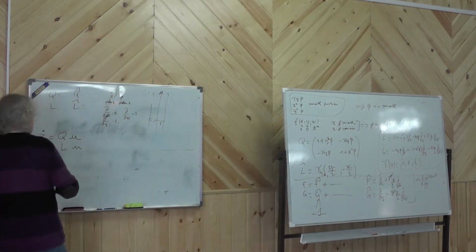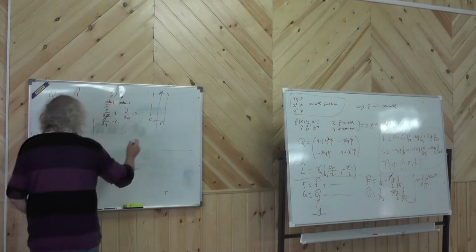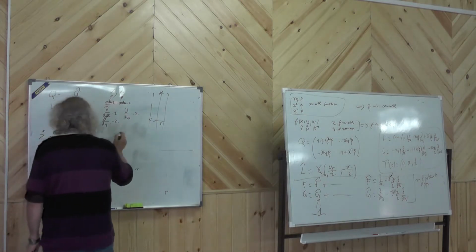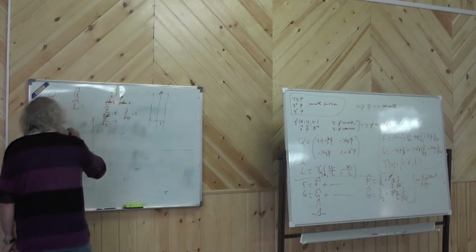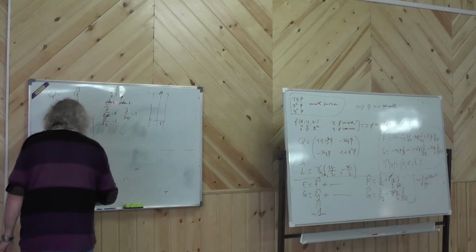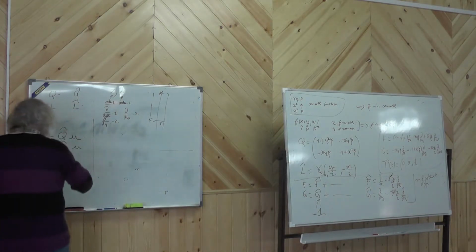Then if you consider the nilpotent approximation, the order -1 term, you get this Q hat and this L hat times U.